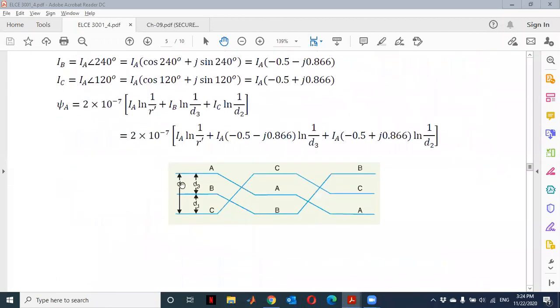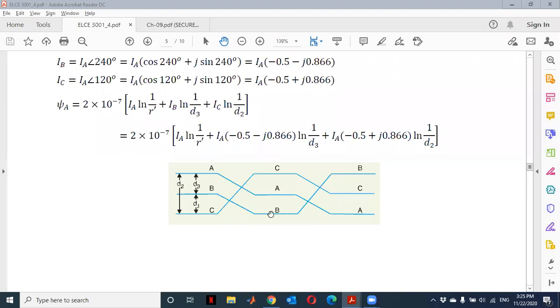Transposition means that for every known distance, we will exchange the locations of the conductors, okay?